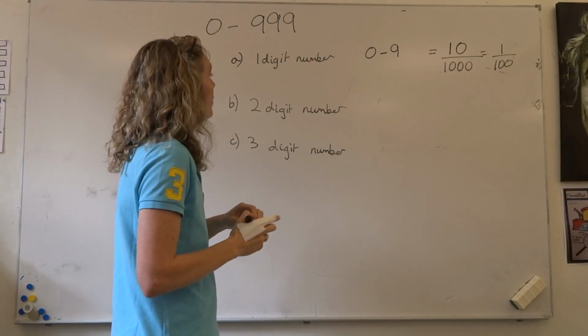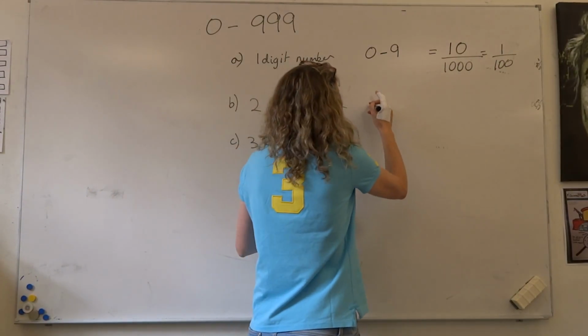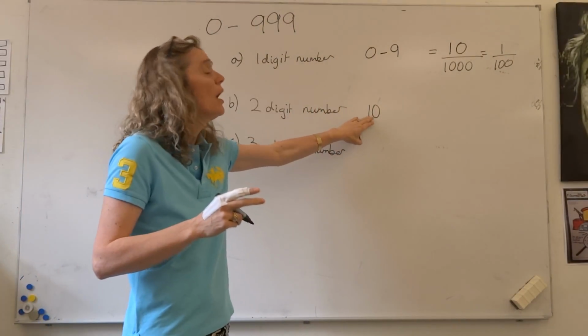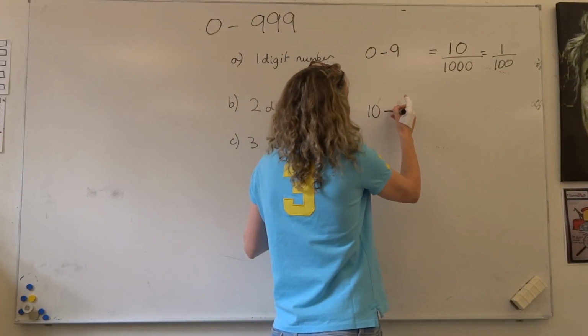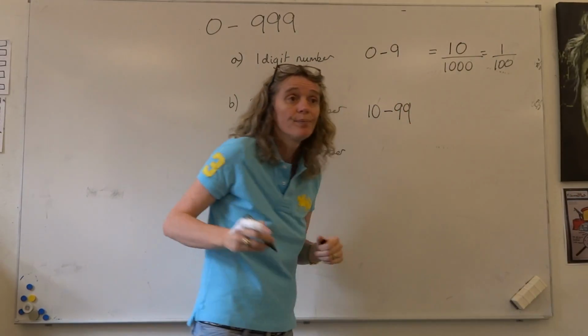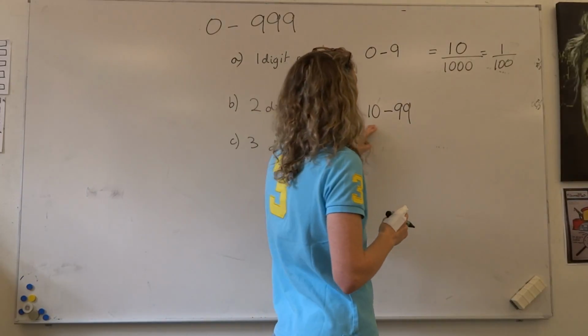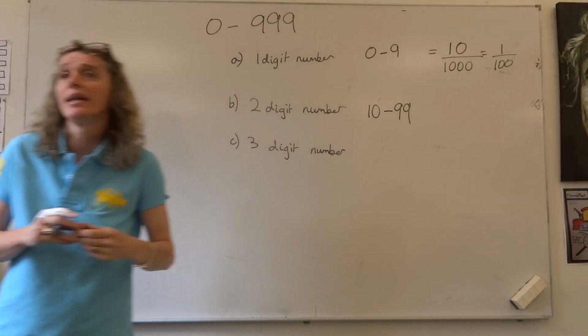If we then start with our first 2-digit number, which would be 10, our last 2-digit number would be 99. So how many numbers are there between 10 and 99?